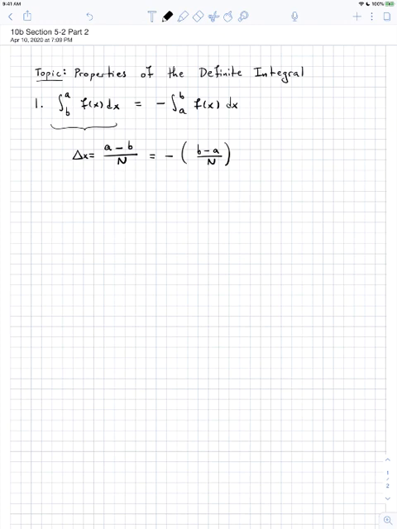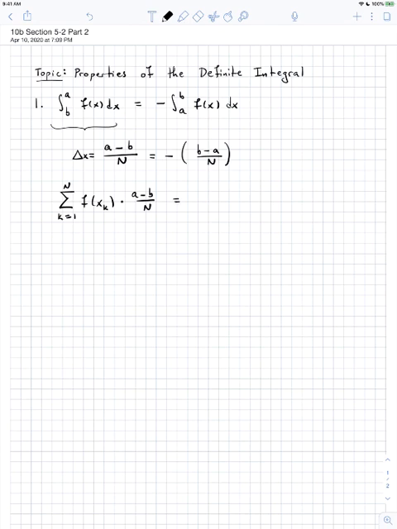So if we write the Riemann sum that is supposed to give us the definite integral on the left, that's going to be the sum of k from 1 to n, f at xk times delta x. But delta x is a minus b over n.